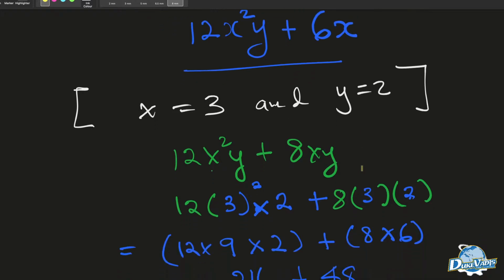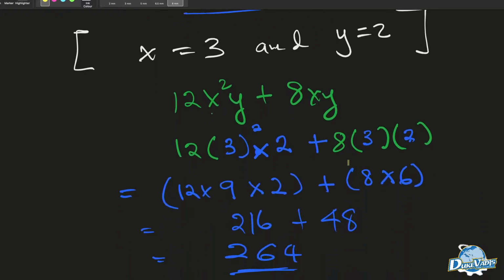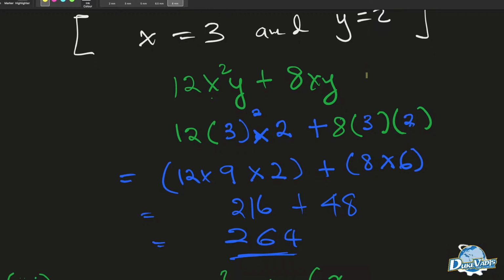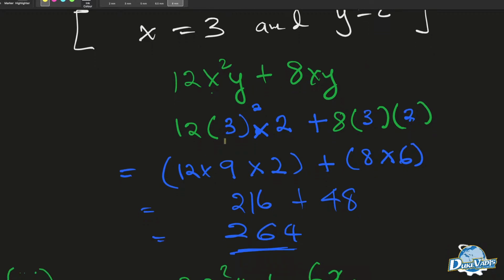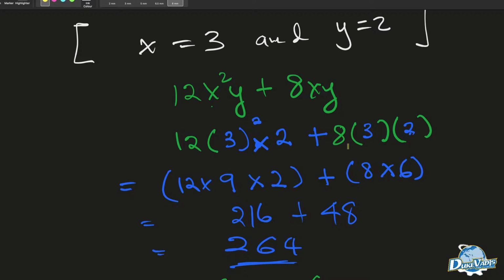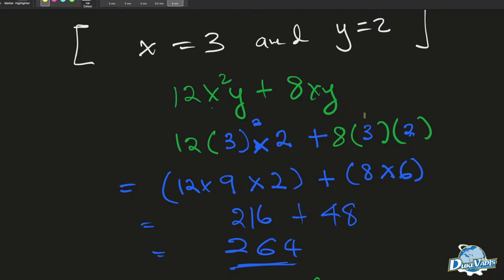Then we did our substitution, given that the value of x is equal to 3 and y equals 2. When we put it in the equation, we have 12 times 3 squared times y, which is 2, given y is 2 over here. Okay, then 8 times xy. Our x is 3, y is 2.